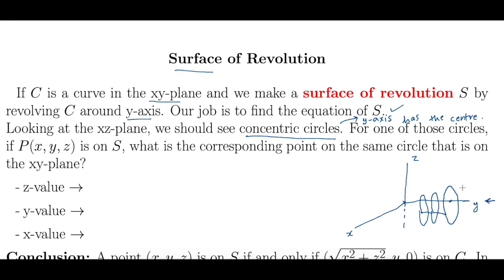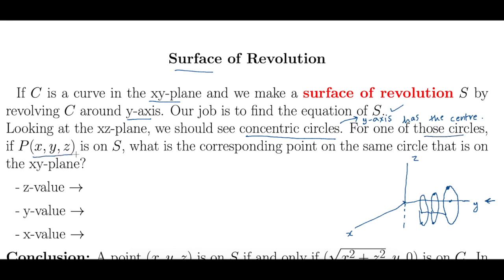So if we do that, what do we see? We see circles, and all these circles are on the surface of revolution. For example, this point is on S, this point is on S, this point is on S, this point is on S.